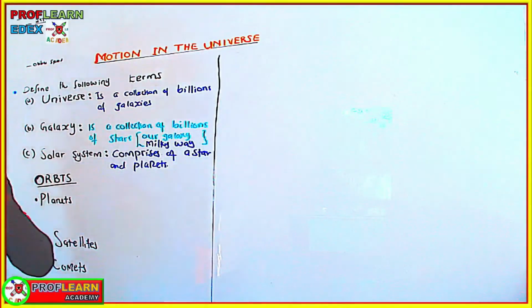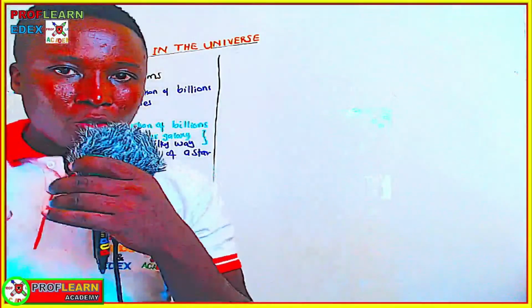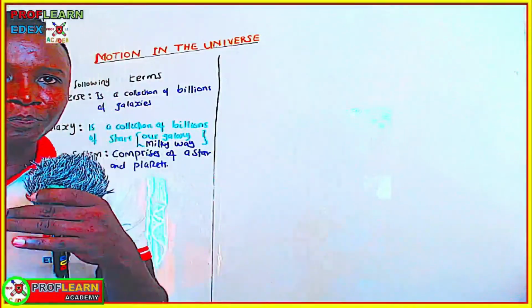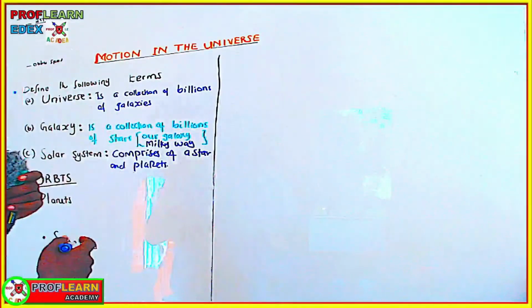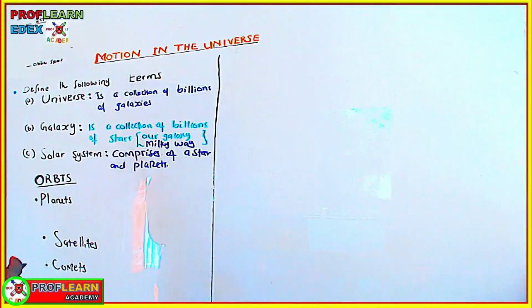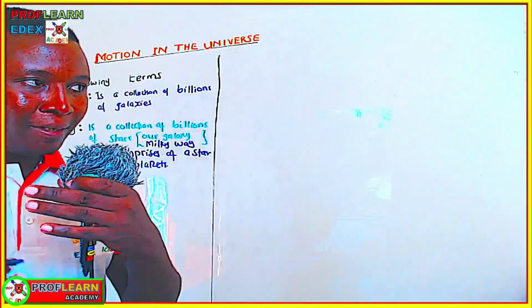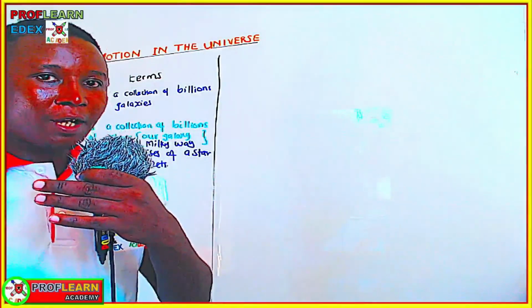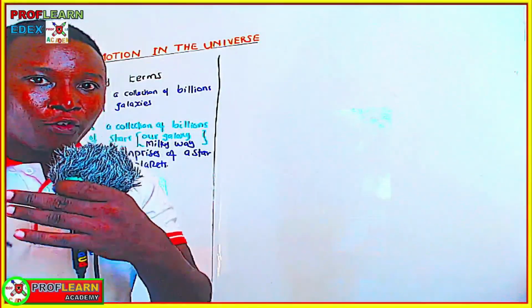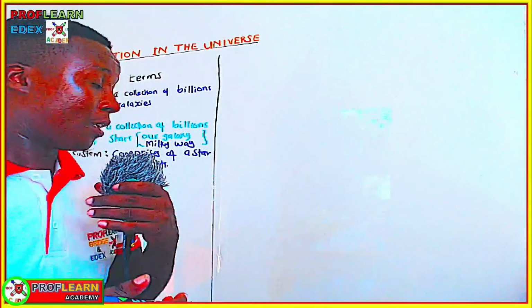Now, after understanding those terms, you may be expected to talk about orbits. Remember, an orbit is a path which a celestial body follows as it moves around.